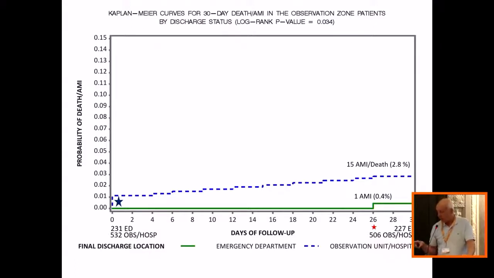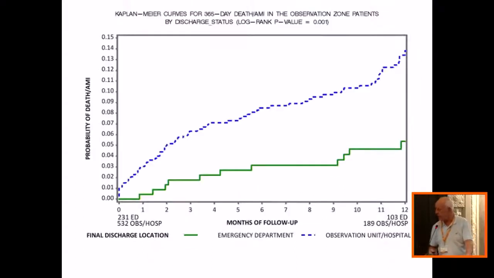And if you look at the people we put in OBS, the 2 missed adjudicated AMIs were not sent home. They were put in the hospital and were worked up. And the ones that were clinically decided to go into OBS actually had a worse overall outcome, I assume because they had more comorbidities that the emergency physicians recognized at that time.